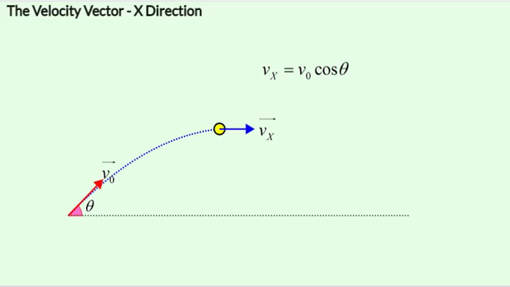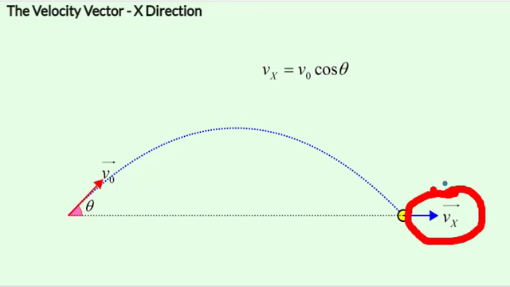If we follow the x component of velocity, or vx, we find that in the absence of acceleration along the x direction, the velocity remains constant throughout its flight. So the x component of velocity remains constant throughout.